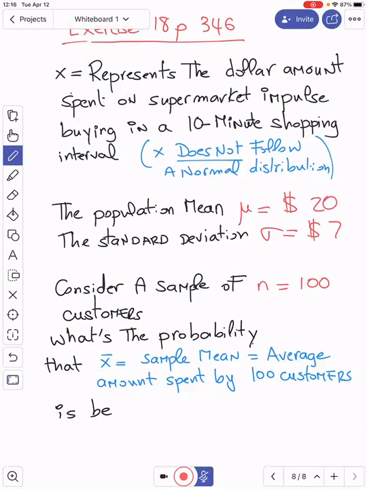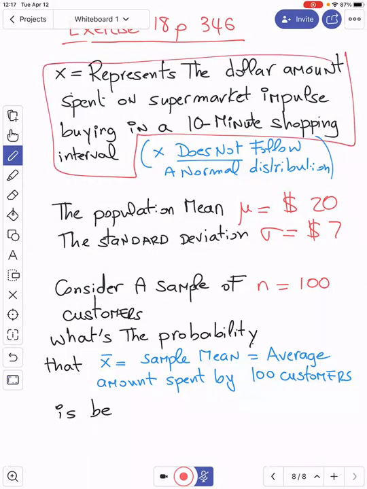Professor, I have a question. Yeah, please. How do we know in an exercise that X doesn't follow a normal distribution? Okay, that's a good point. When you read the exercise, if it doesn't say X follows a normal distribution, then X doesn't follow a normal distribution. Here, in the first part of the exercise, there is nothing that says X is normally distributed.